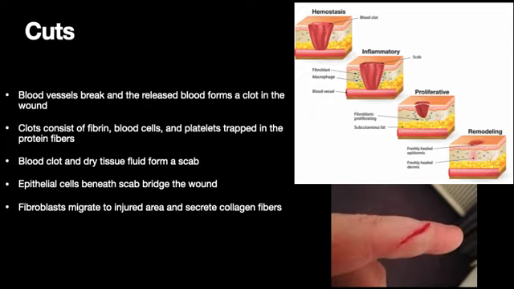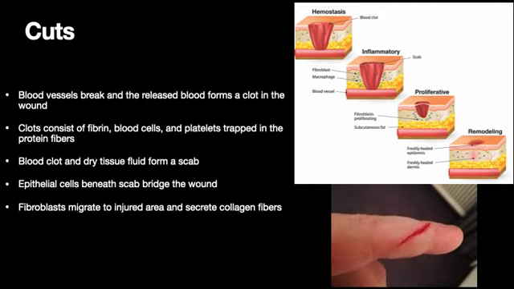Okay, so when it comes to cuts, these are the levels in which a cut gets repaired. Blood vessels break, and they release blood to form a clot in the wound. As you can see here, this is a cut, and the blood that spills out clogs this up.